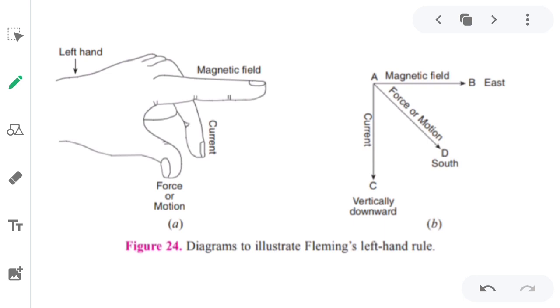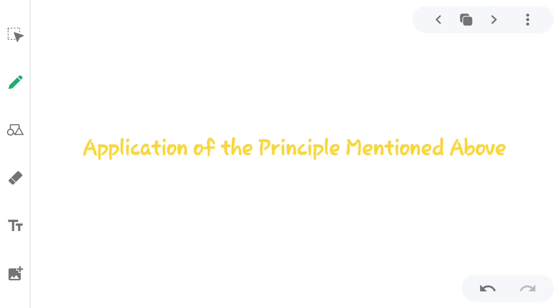So what are the applications of this magnetic force? In our daily life we have many uses of this concept.